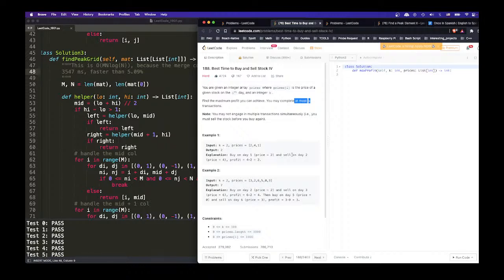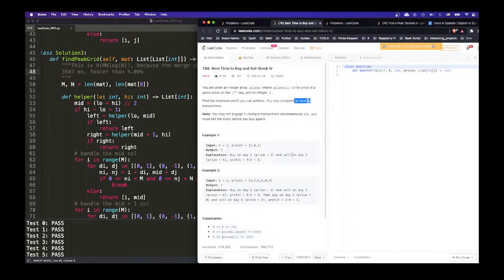But how do we handle the 2? We handle the maximum amount of time. So that's like 2 transactions, right? Hold on.